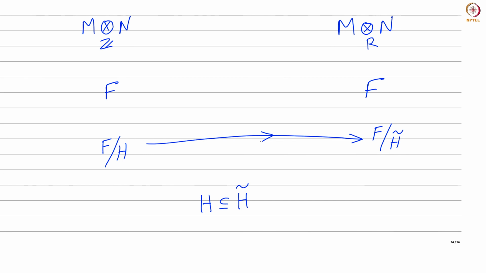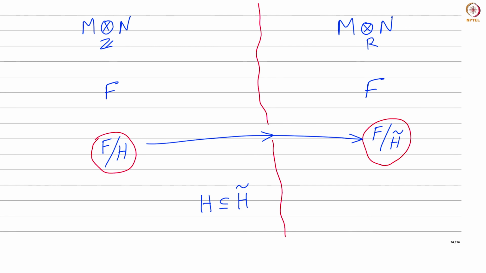We are not going to use any of this, but just to keep these concepts separate in one's mind, it's useful to know that you can think of M and N only as Z modules and try the same construction, but what you're doing there is constructing a different object with a different universal property. And if you want to compare these two objects, this is the relationship: the Z module that we constructed in the first instance has a surjective map to the Z module that we constructed in the second.